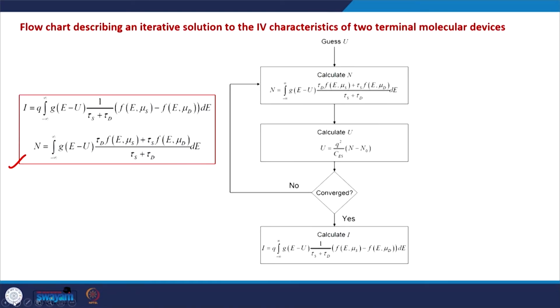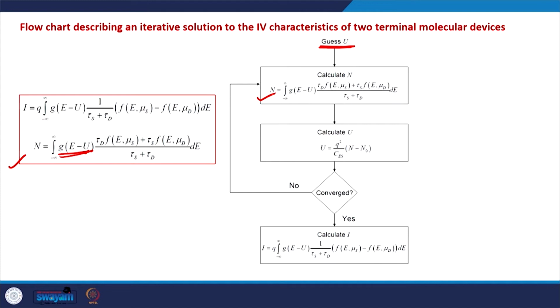And that's why, in order to solve these equations, we need to use the iterative method, what is known as the self-consistent approach. The way this works is that we make an initial guess of u, and with this guess we calculate the density of states and calculate the steady state number of electrons in the system.